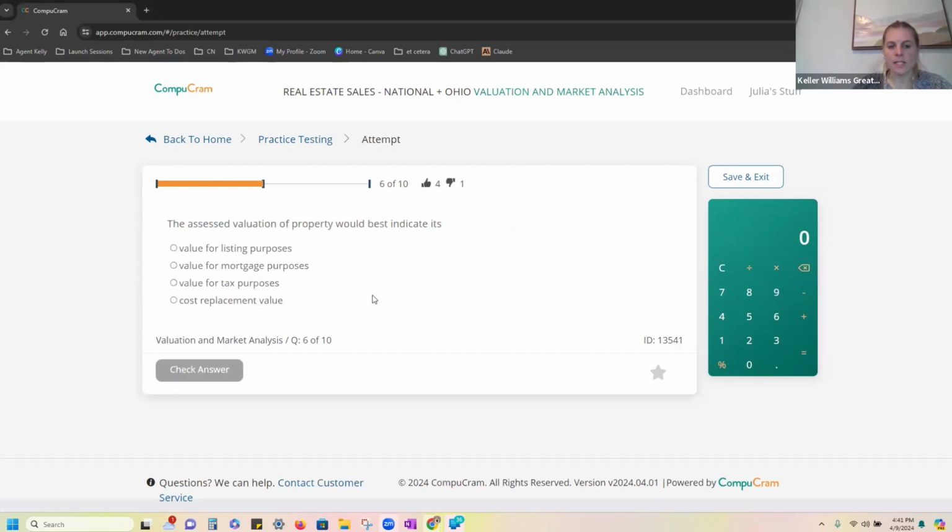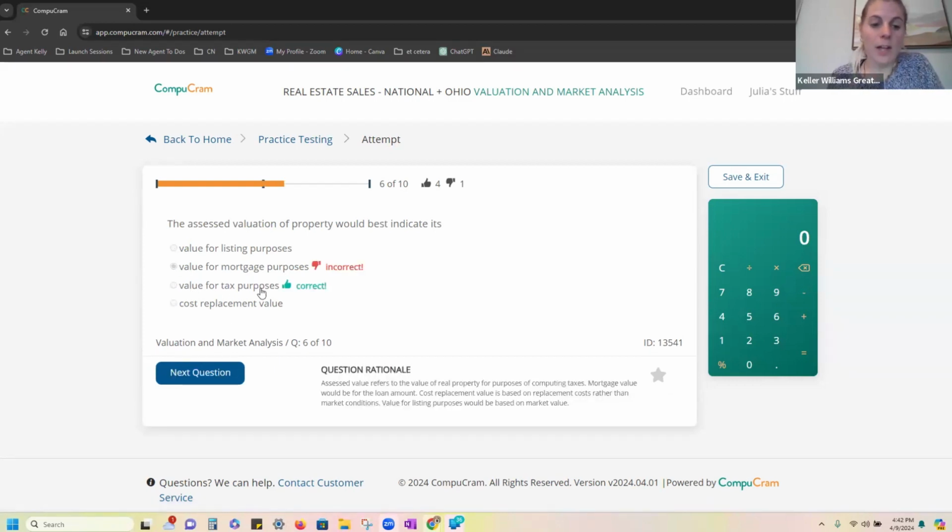question. The assessed valuation of property would best indicate its A, value for listing purposes, B, value for mortgage purposes, C, value for tax purposes, or D, cost replacement value. So the assessed valuation of property would best indicate its what? Your value for mortgage purposes?